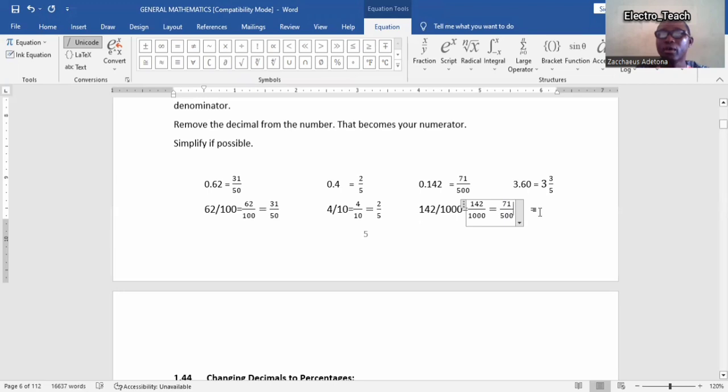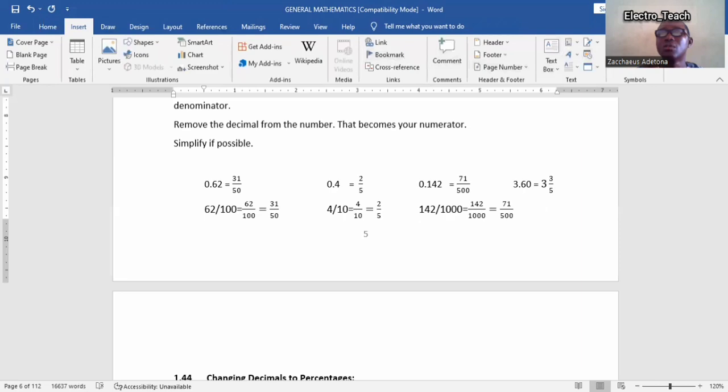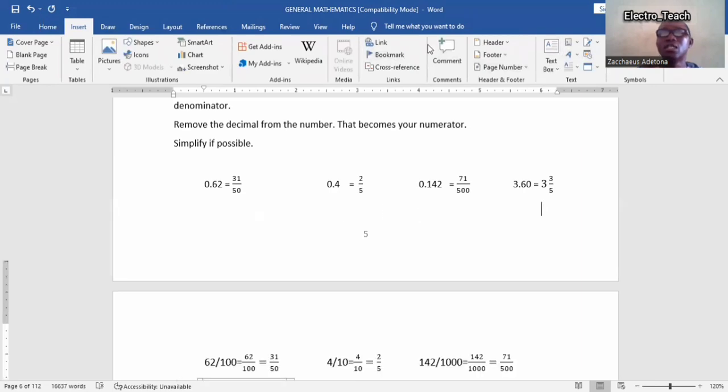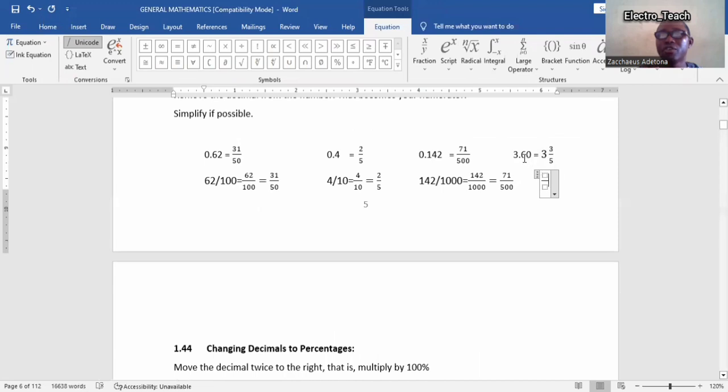Now, the next example, we have 3 whole number and then 0.6. So we can turn that also into a fraction by using the same method. Since we have a 3 whole number before the decimal, the 3 will remain before the fraction that follows.